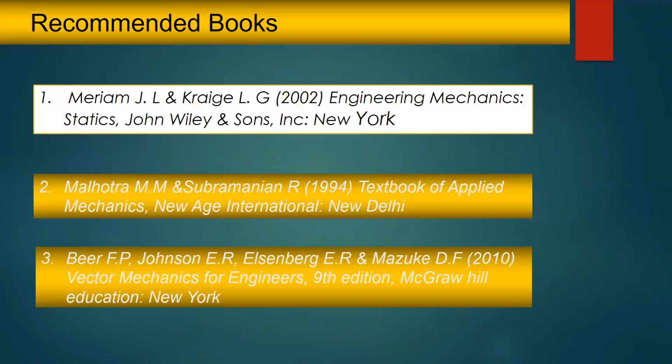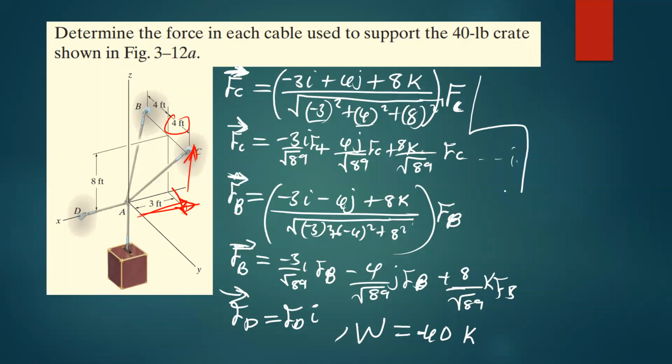Okay, so the next thing that we need to do is to find the summation of all forces in the x, in the y, and in the z. You put them together, and then you equate everything to 0, and later find the values of FC, FB, and FD.